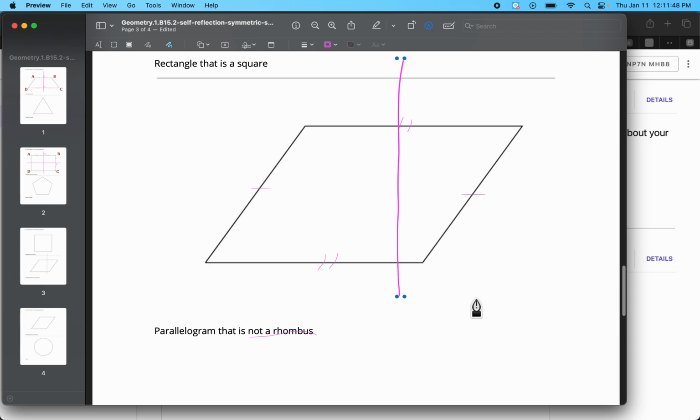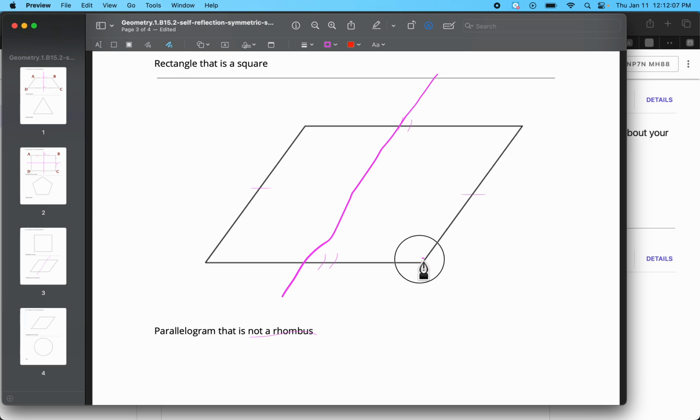That distance does not match. Okay, so what about if I draw diagonally? If I draw diagonally this way and get it perfectly down the middle, well, let's see. Remember that my points have to travel at a right angle.